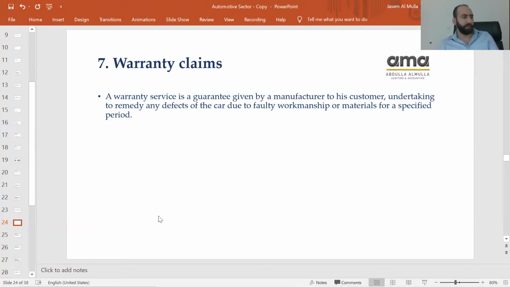Generally, a warranty service is made available to the customer at the time of sale of the car, and in such instance, the price of the warranty service is included in the price of the car. In other cases, the warranty service is supplied separately from the sale of the car, and in such instances, the price for the warranty service is charged separately.